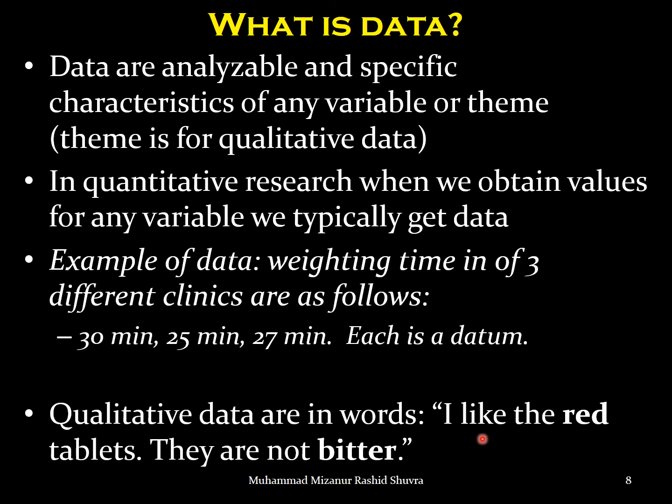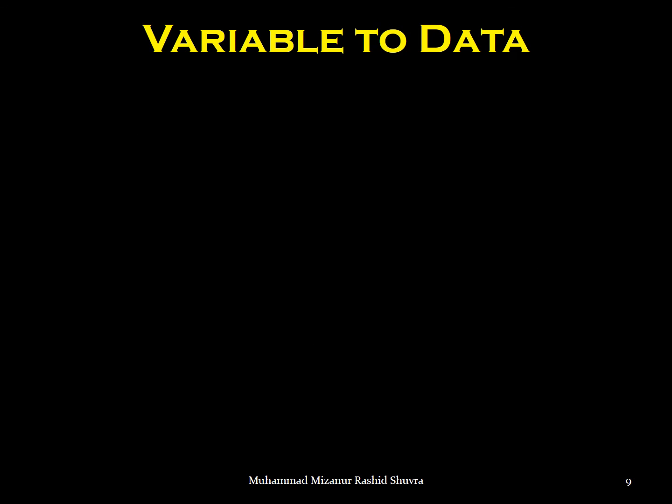So the choice is towards red tablets, and the choice against is bitter tablets. So the choice here is the variable taking data with words. That's qualitative research. Now let's relate how variable and data go together.